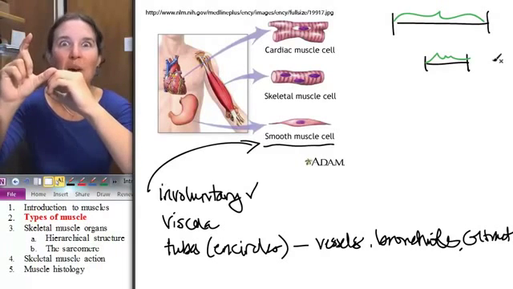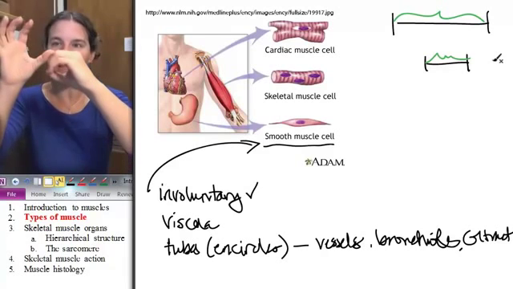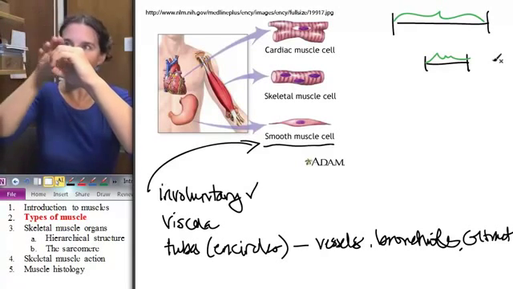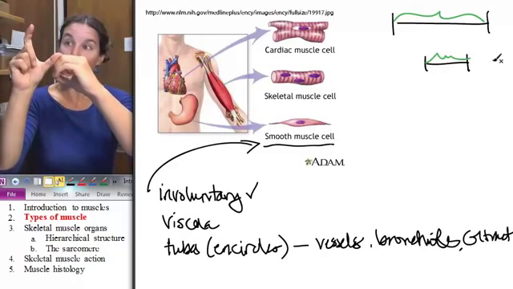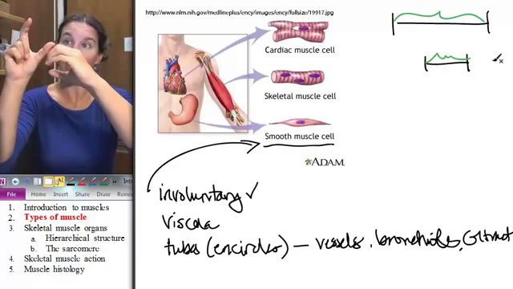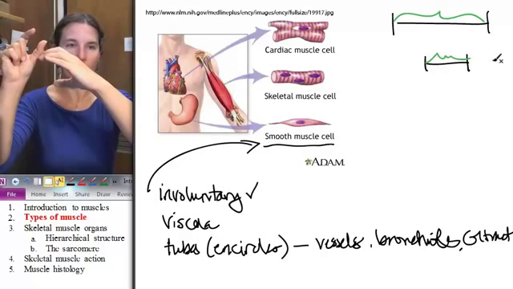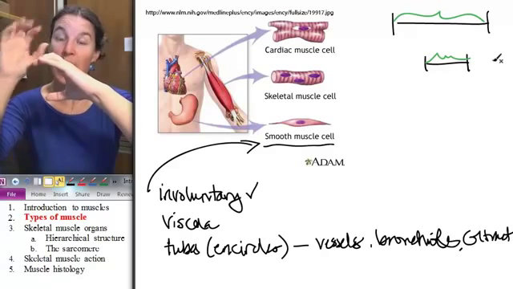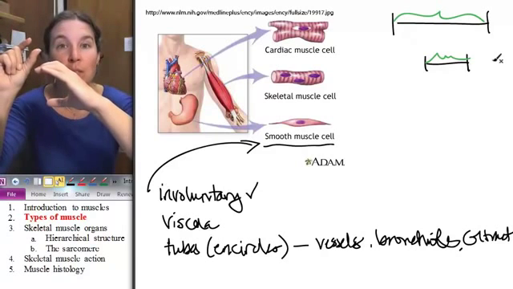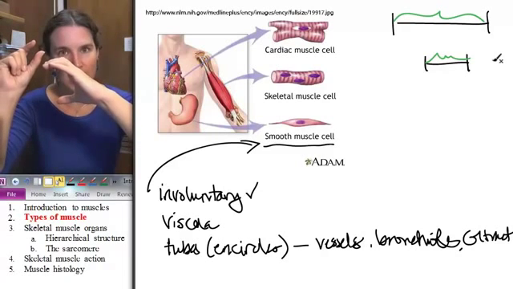Now, do you remember how we had an outer layer in our vessels? And if the fibers are pointing this way, can you visualize this? So that shortening pulls like that. I don't even know if you can visualize what I just did, but I just shortened an outer layer of smooth muscle, and I increased the diameter of my tube.